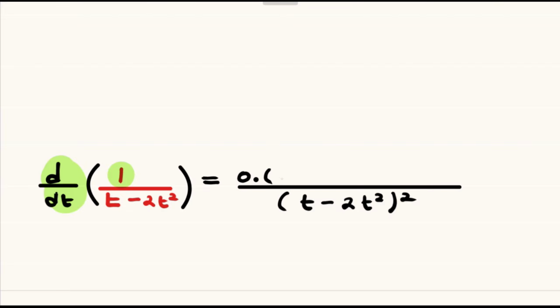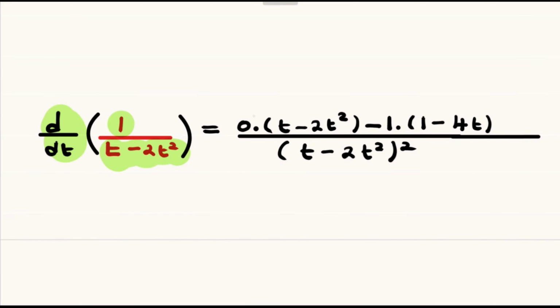We multiply it with the denominator, the t minus 2t squared, minus the derivative of the denominator, but we have to multiply it by 1, by that 1 in the numerator. The derivative of the t is 1. The derivative of 2t squared will be 4t. So we have 1 minus 4t.